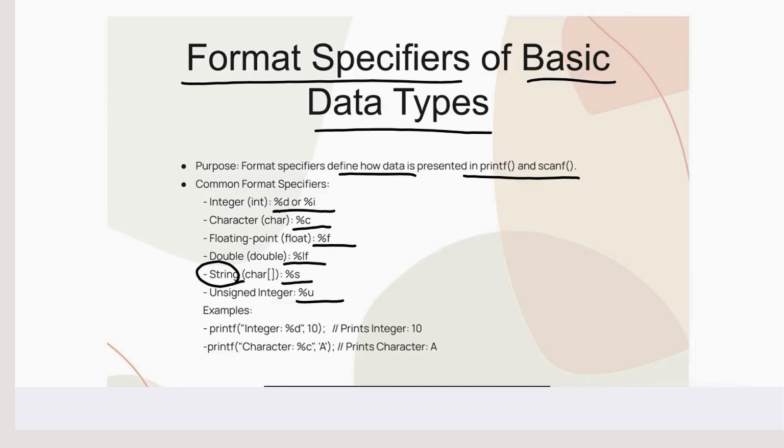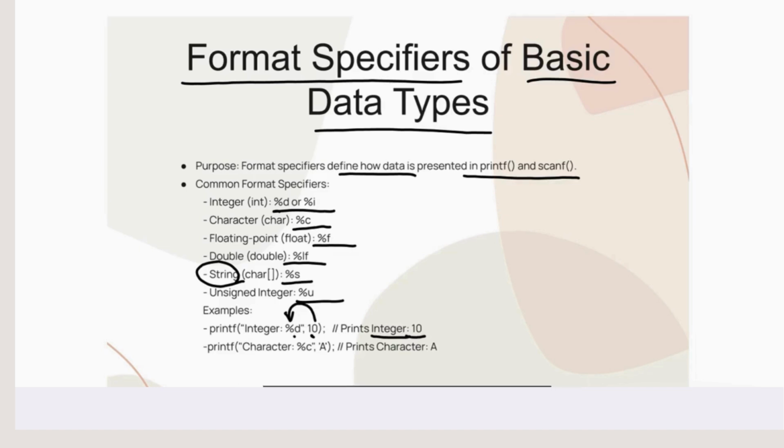Let us take an example here. If I have a value to print which is 10, I will use the %d format specifier, as you can see here on the screen, integer, %d, double quotes close, comma. Make sure the double quote comes after %d and the comma comes after the double quote. Now the output would be integer colon, and this %d is replaced with the value 10, which is shown here.